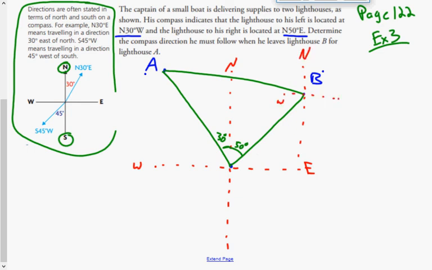He's going to go northwest some direction, and you need to figure out what that is. Okay? Gets a little confusing, I know. So I'm going to start with figuring out some angles here, okay?